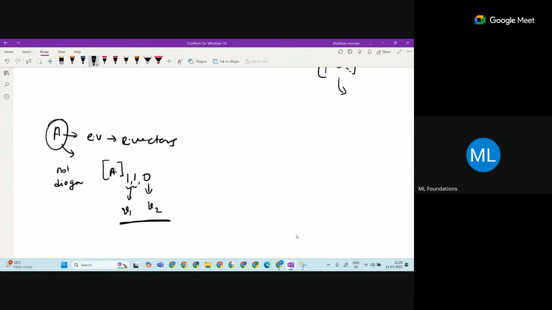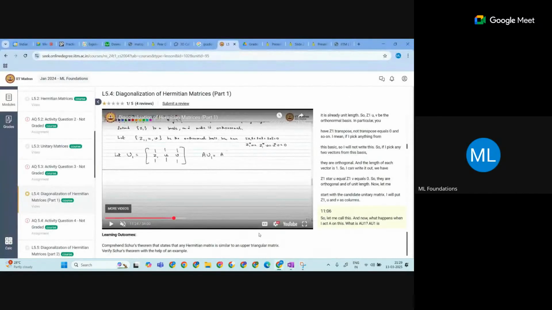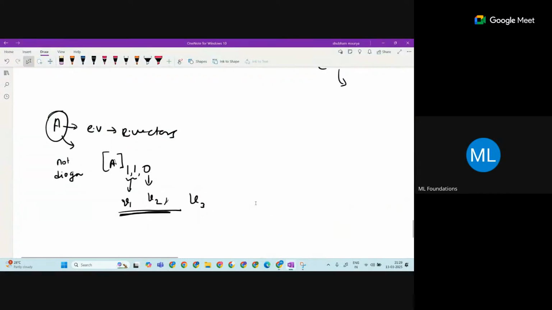So what is the next step? You will choose a vector, U or V3, which is independent of these. If you have the basis, make it orthonormal.